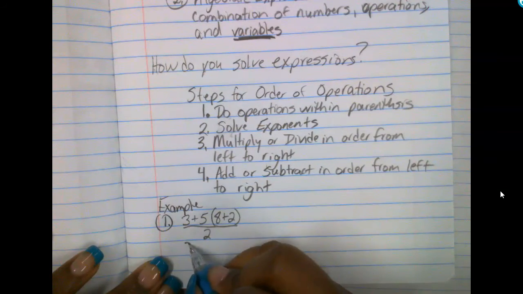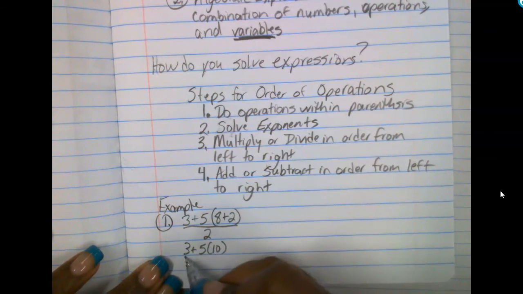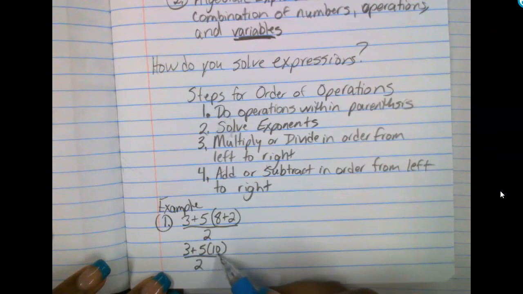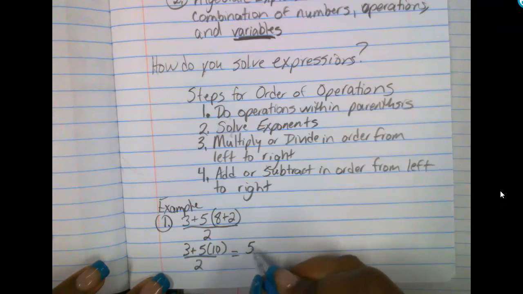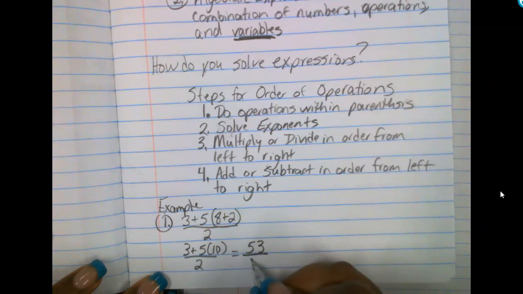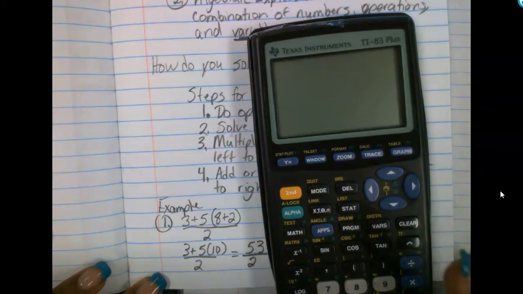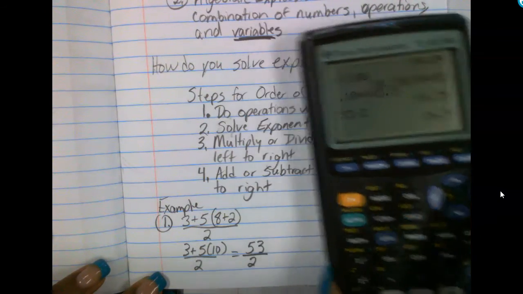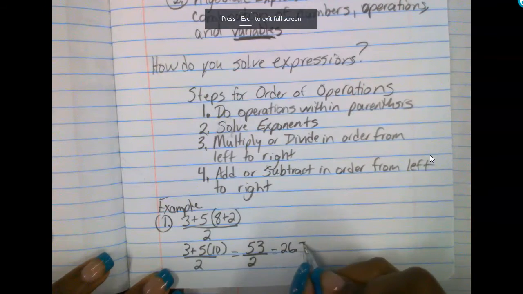So we have 3 plus 5 times 10, divided by 2. Now you multiply, that gives you 50. Then you add 3. This gives you 53 on the top, divided by 2. So we got 53 divided by 2, and that's 26.5.